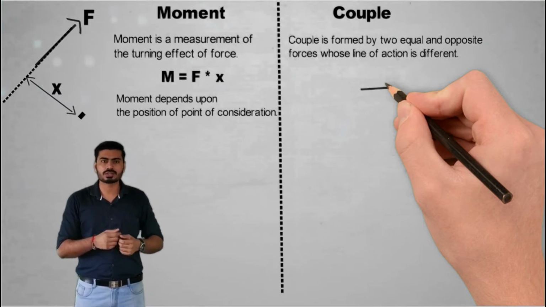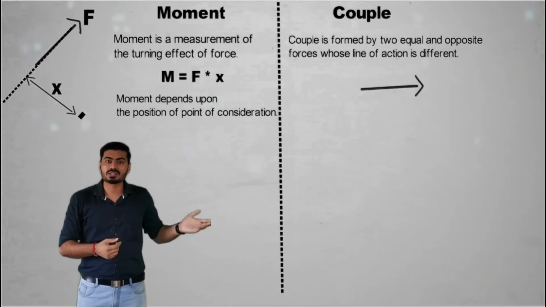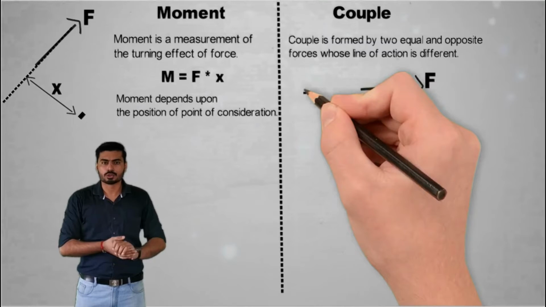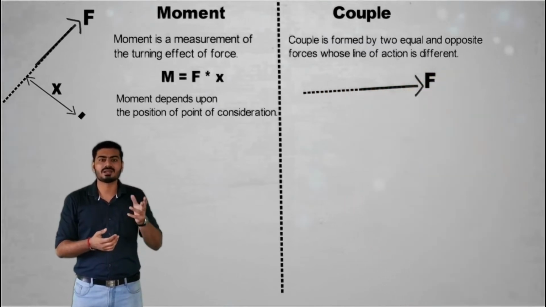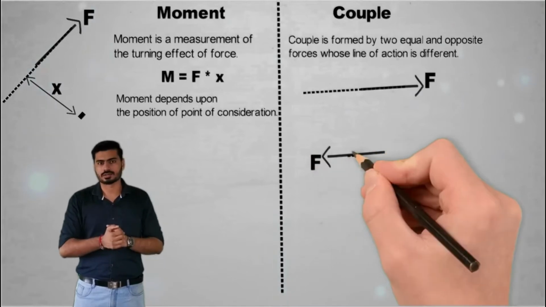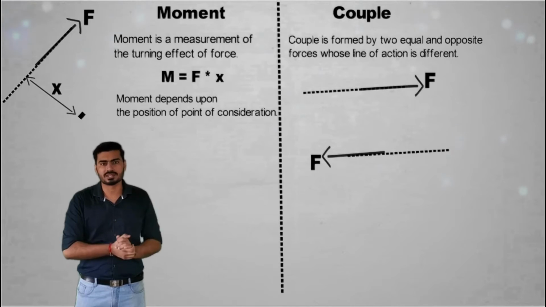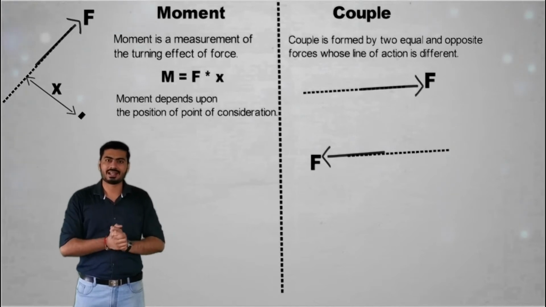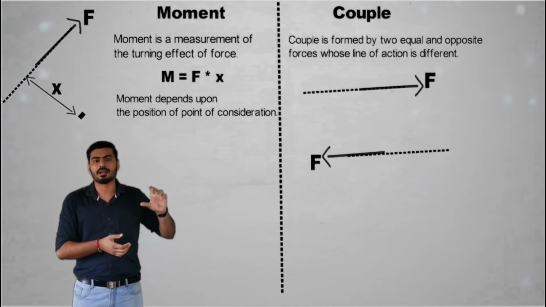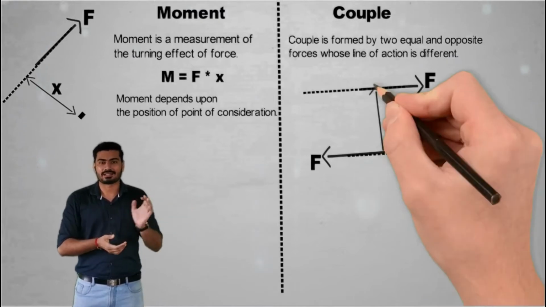If you consider a force acting horizontally to the right and another force acting horizontally to the left, these two forces are equal in magnitude and opposite in direction. But as you can see, the lines of action of both forces are different, and that's why we say the perpendicular distance between these two lines of action is x.